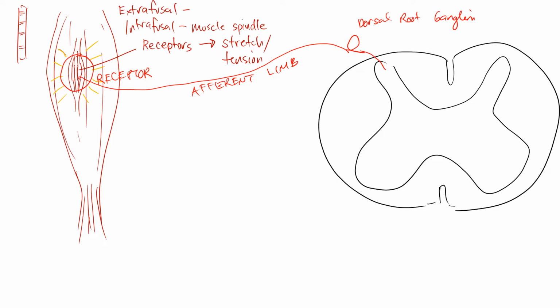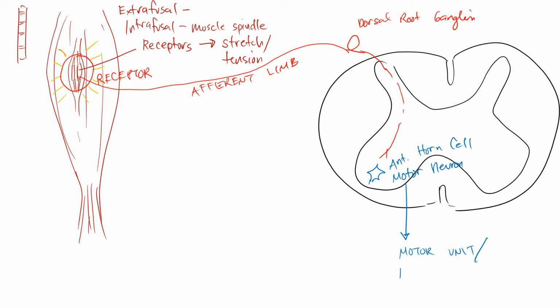Okay, enters the posterior horn and basically synapses with another neuron. And this is your anterior horn cell. This is basically your motor neuron. And for the purpose of later discussion, this is one of the major parts of your motor unit.